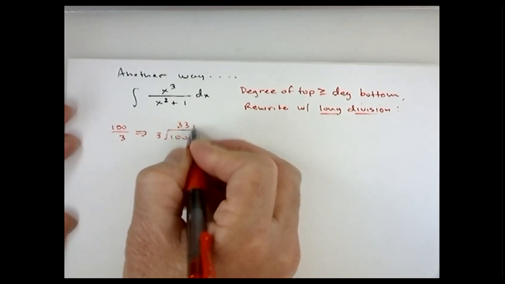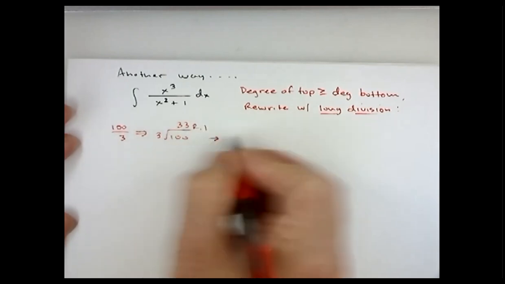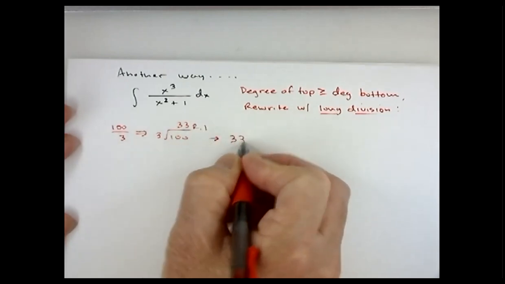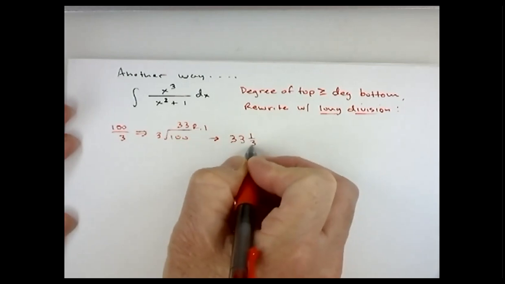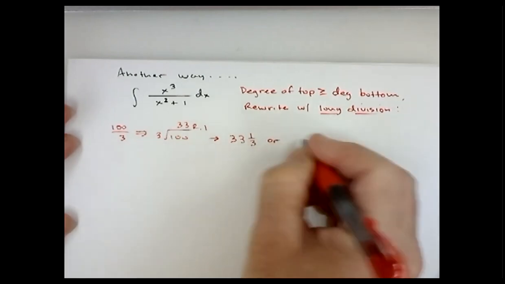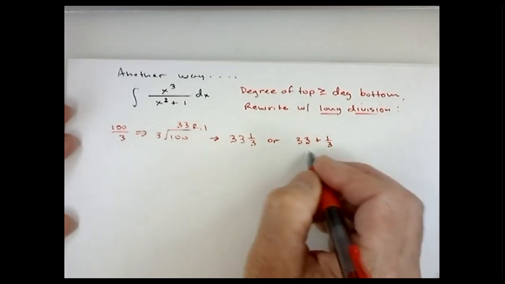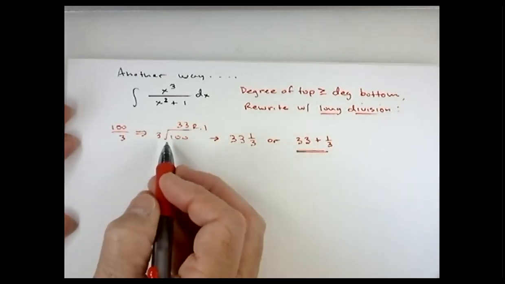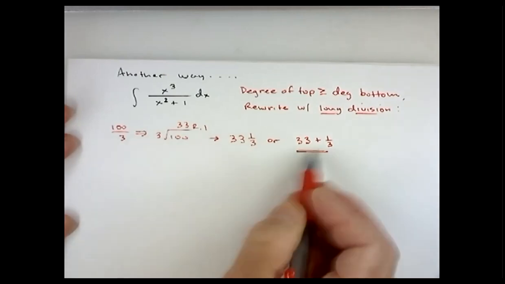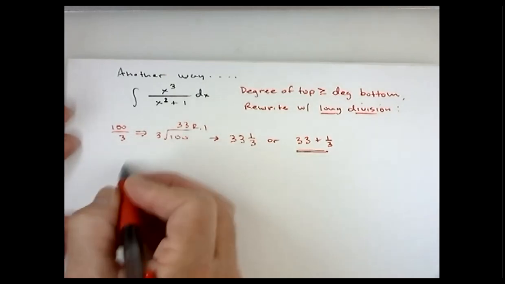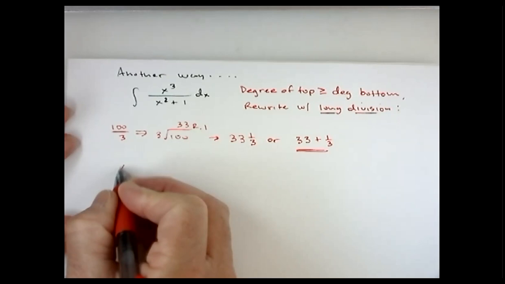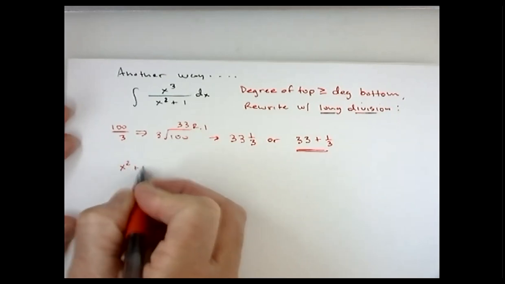And so how do we write that? We write that as 33 1/3, or you could even write it as 33 plus 1/3. I wanted to show you with numbers because it looks a little different when you do it algebraically.